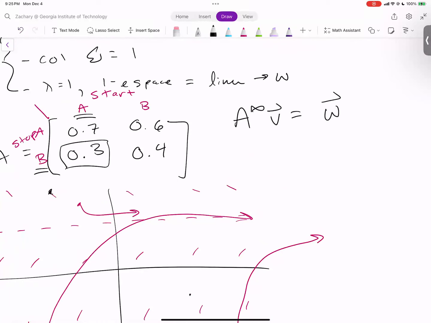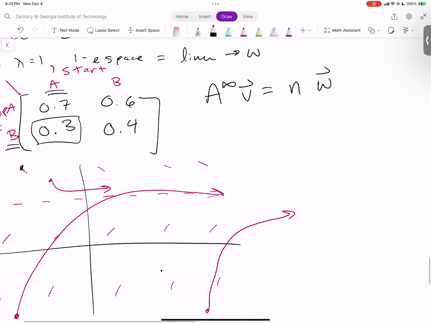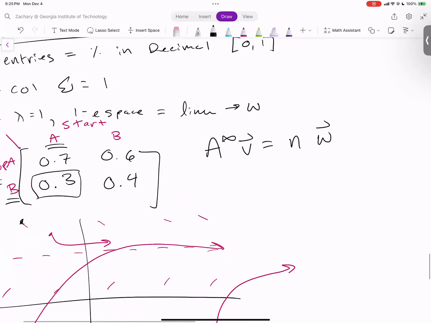And what I'll call it is, I'll break this up into two parts. I'll call it N times W. So how do we find this? What this looks like is if we sum up V, where people are as we begin.